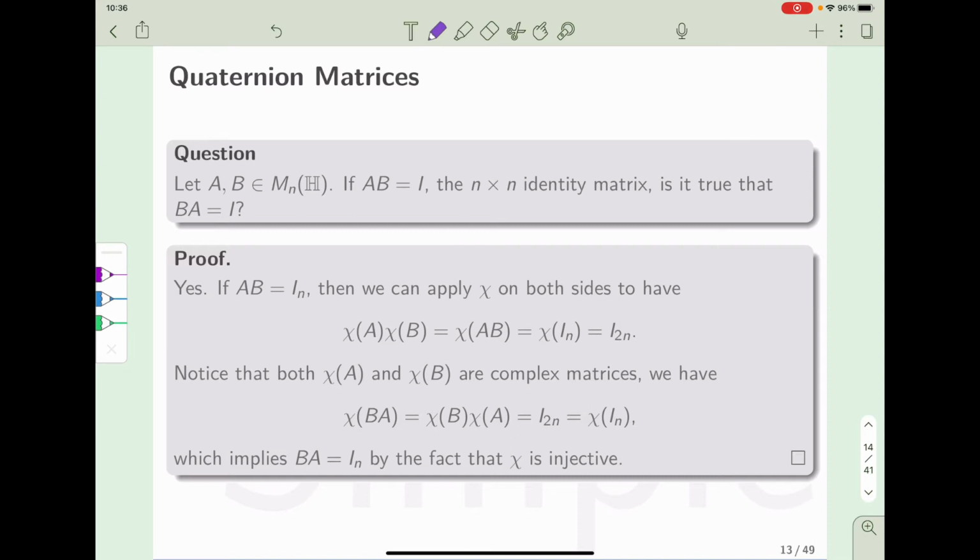Since chi of A and chi of B are both complex matrices, we can reverse the order they multiply so that chi of B times chi of A is also the identity. At last, we use chi inverse to pull back to deduce that BA is the identity.